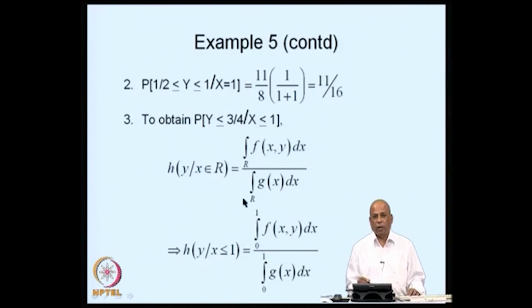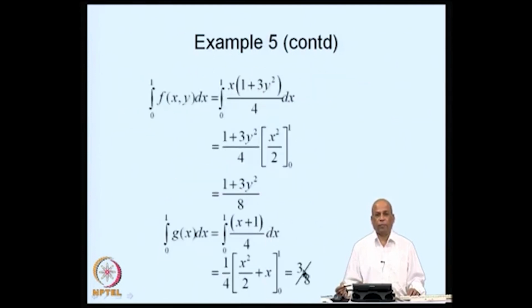Similarly, we integrate the marginal PDF of x over that region. So, we obtain h of y given x less than or equal to 1 as the integral from 0 to 1 of f of x y dx, and the integral of g of x from 0 to 1 with respect to x.